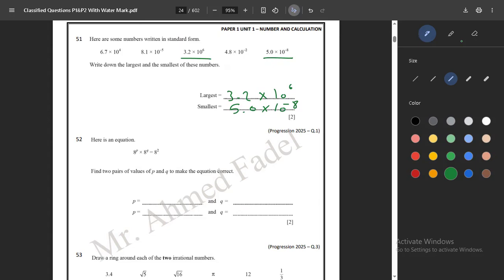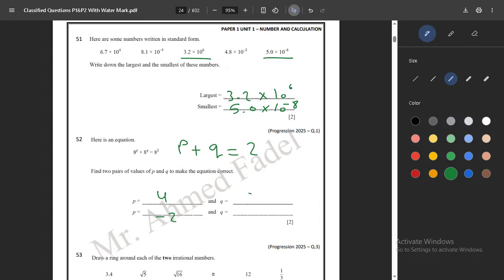Next, find the 2 pairs of values of P and Q to make the equation correct. So let's do this. I want P plus Q to give me 2. What are the 2 numbers that if you add them up, they give you 2? And they said 2 pairs of values. I could have written 4 and negative 2, right? Isn't 4 plus negative 2 going to give me 2? Yes.